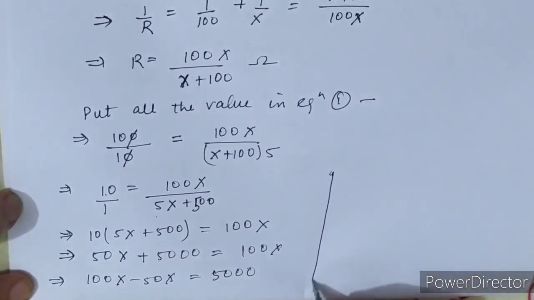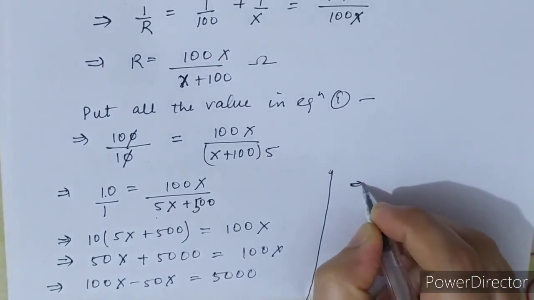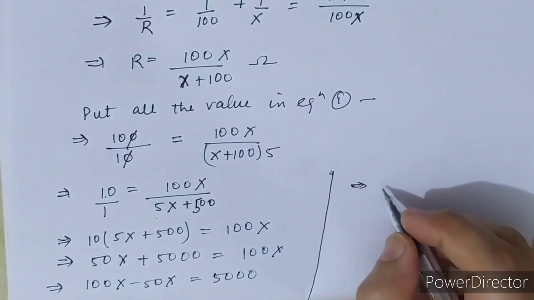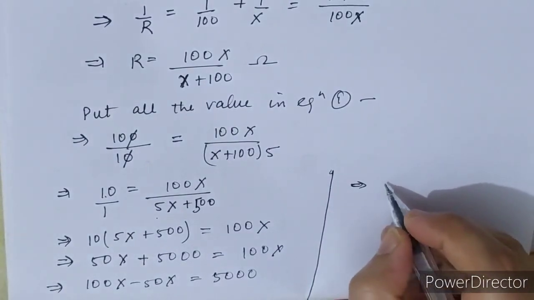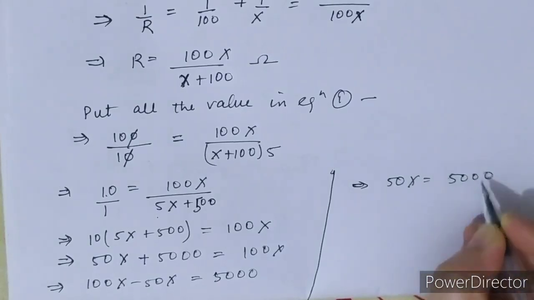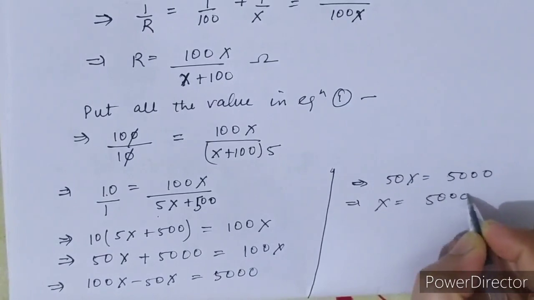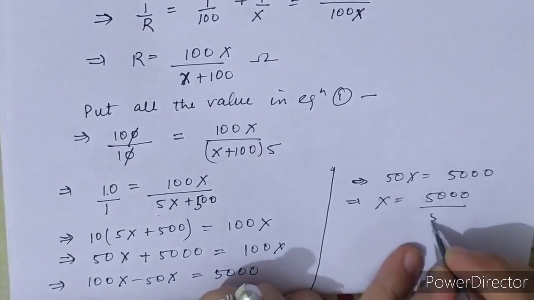So 50X is equal to 5000, and X is equal to 5000 upon 50.